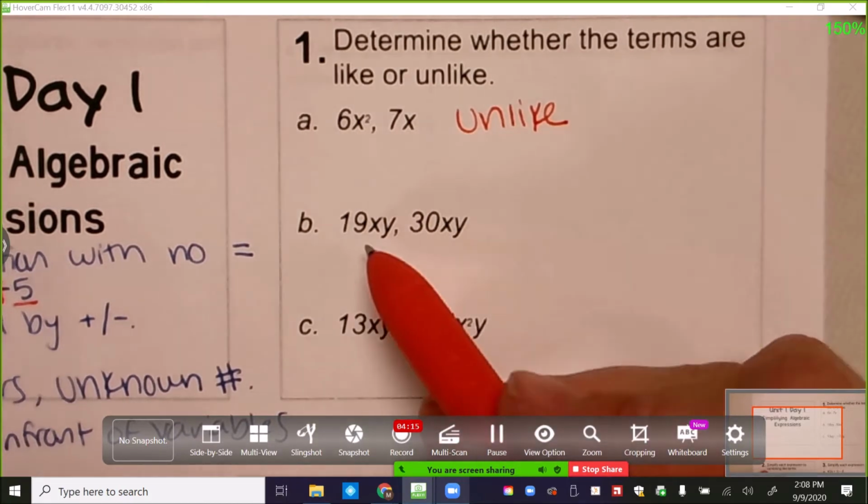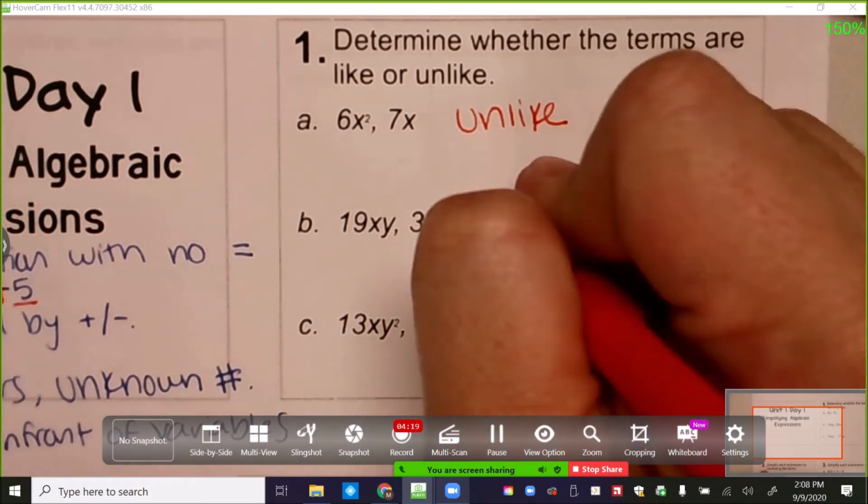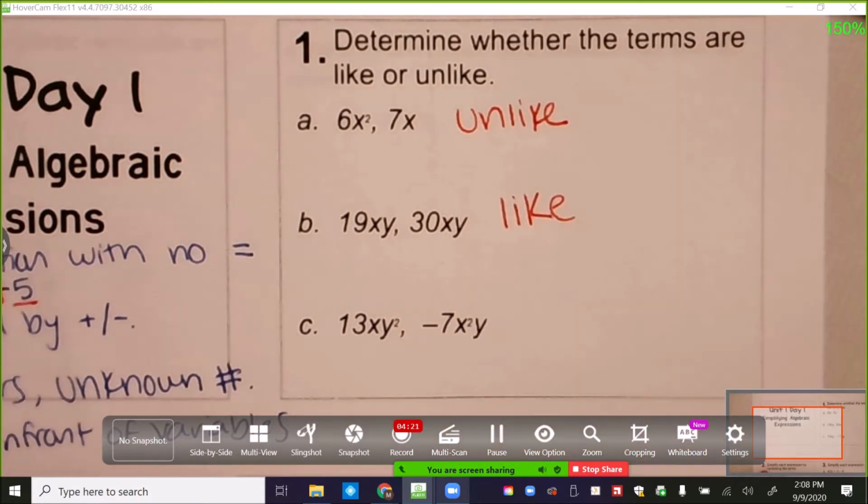What about 19xy and 30xy? Those are alike. So if there was a plus or a minus in the middle, we could combine those. What about 13xy squared and negative 7x squared y? Unlike.